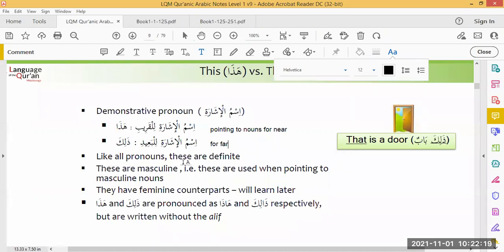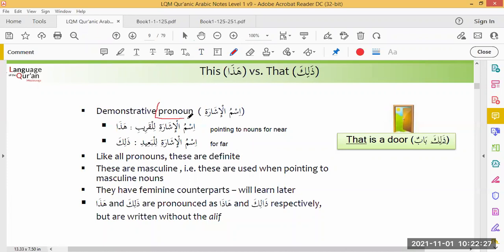Like all pronouns, these are also definite. So the point to be remembered: pronouns are definite, they are marifa. So like other pronouns, demonstrative pronouns are also marifa, or definite.